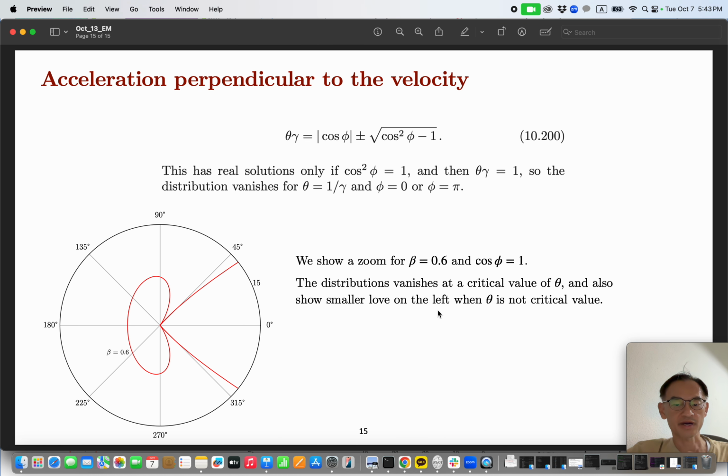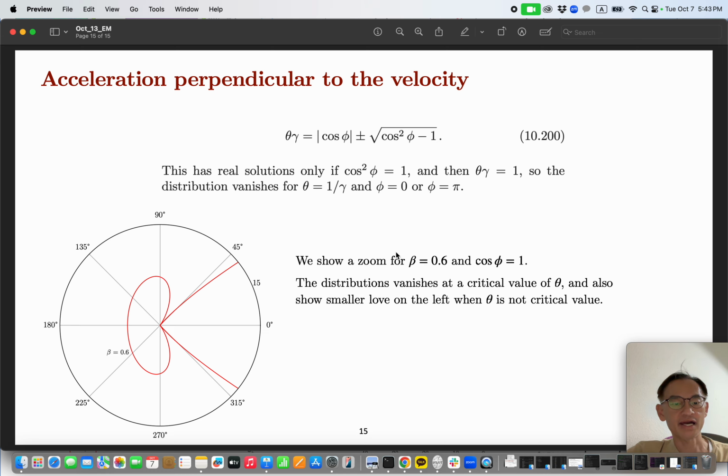Okay, so this is my last slide. So this one has a real solution only if cosine squared phi is equal to 1. Therefore, when theta gamma is equal to 1, the distribution vanishes, for theta is 1 over gamma, and phi is 0, or phi is pi.